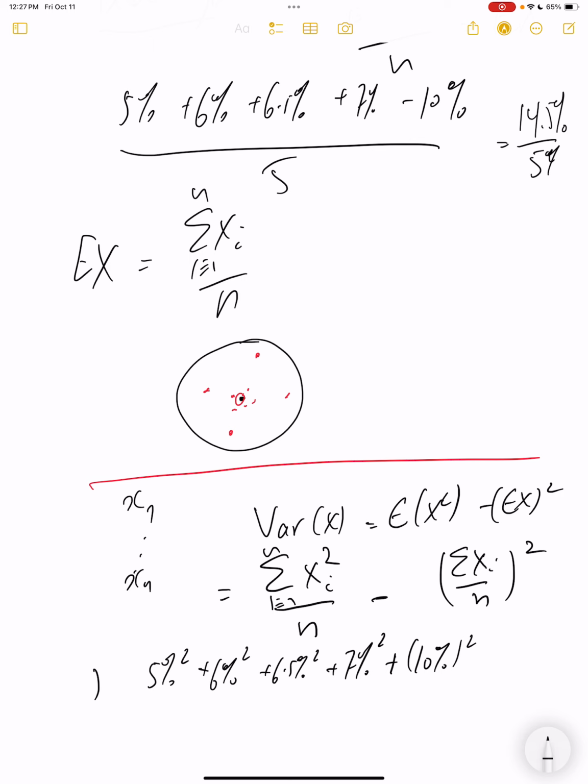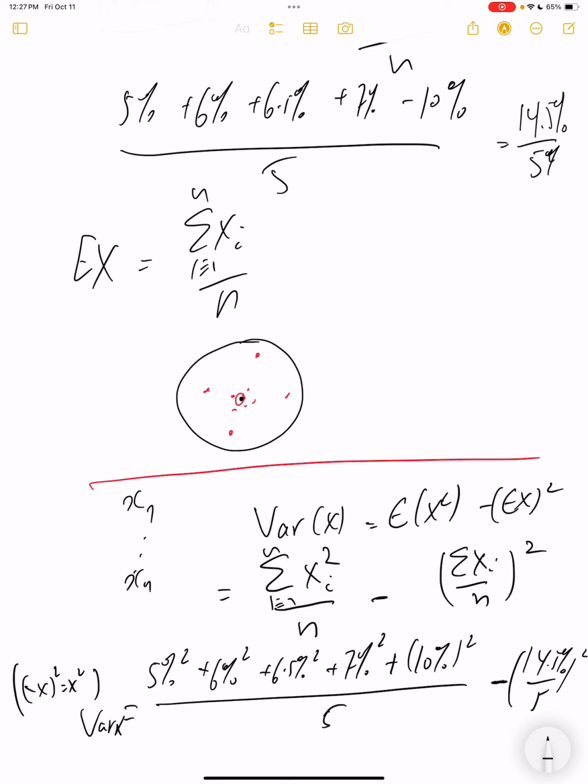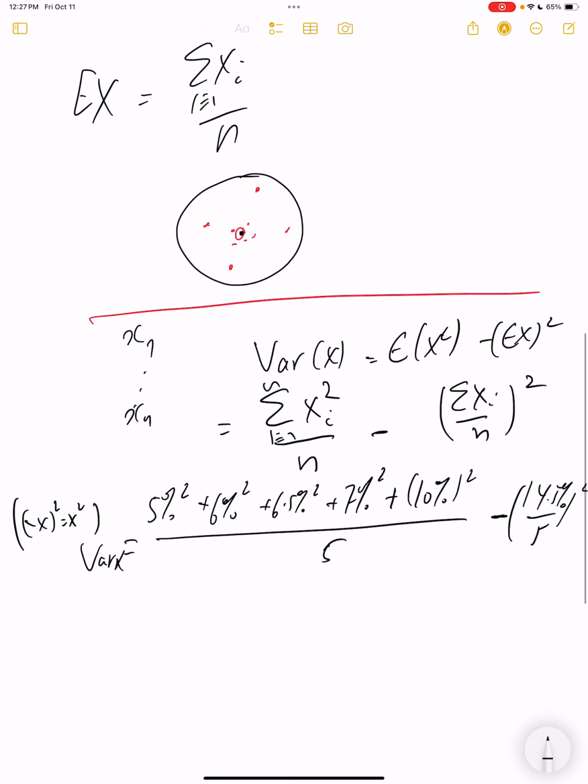So we just need to remember that. In this case, you still divide by 5. You can see that you are calculating the average of the squares, and then you subtract the square of the average. That's going to be your variance.